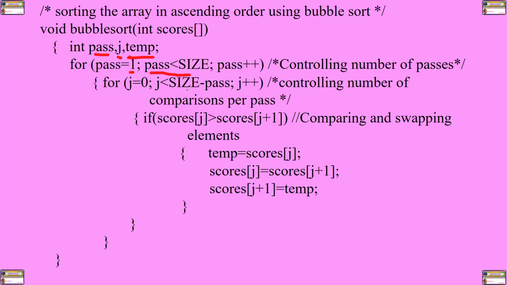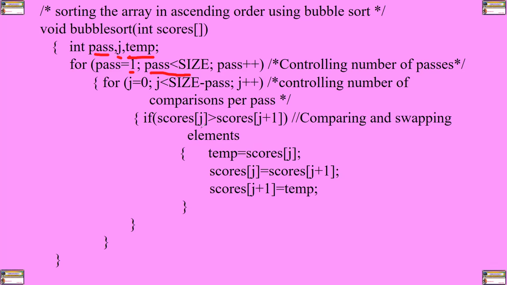So if that is true, if you are within the first pass, and you have not exceeded the number of elements, then do the following. You compare the elements and you swap them in order. Pick the element whose subscript is scores 0, that means the first element.